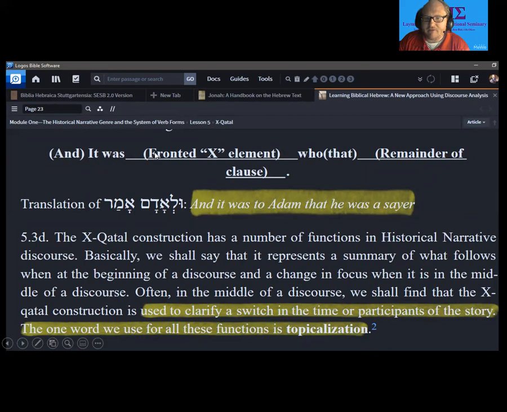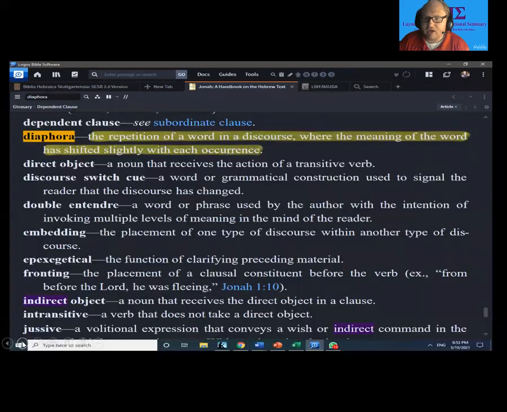It says, and it was, and then you put the fronted X element, who or that, in the remainder of the clause. So like right here, they do this. And it was to Adam that he was a sayer. So rather than, and to Adam he said, they would do this just for discourse function, basically, in this particular grammar. But right here he says it's used to clarify switch in time or participants of the story. The one word we call for this function is topicalization. Same thing happens in the Greek.